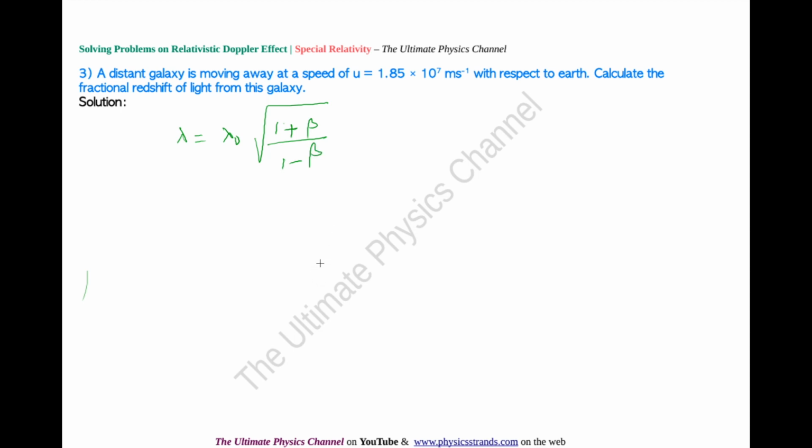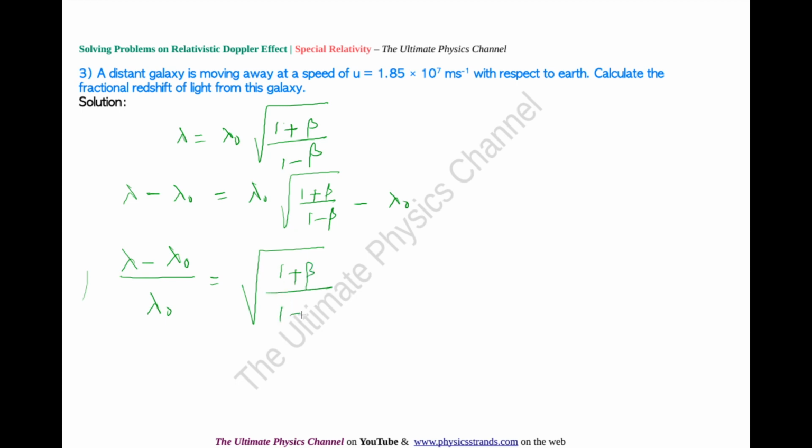So if I subtract lambda naught on both sides, I would say lambda minus lambda naught on the left side. On the right side I would have lambda naught square root of 1 plus beta over 1 minus beta minus lambda naught. If I take lambda naught out commonly, on the left side it is lambda minus lambda naught over lambda naught. That would be square root of 1 plus beta over 1 minus beta, minus 1, because lambda naught has been taken out commonly.